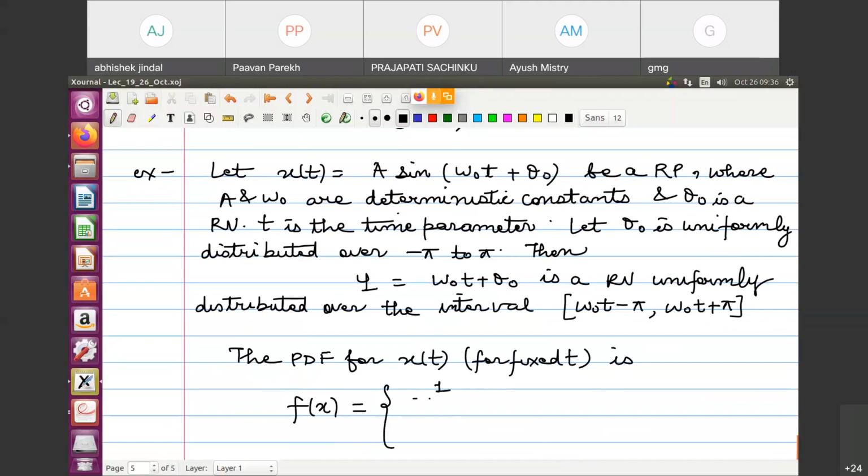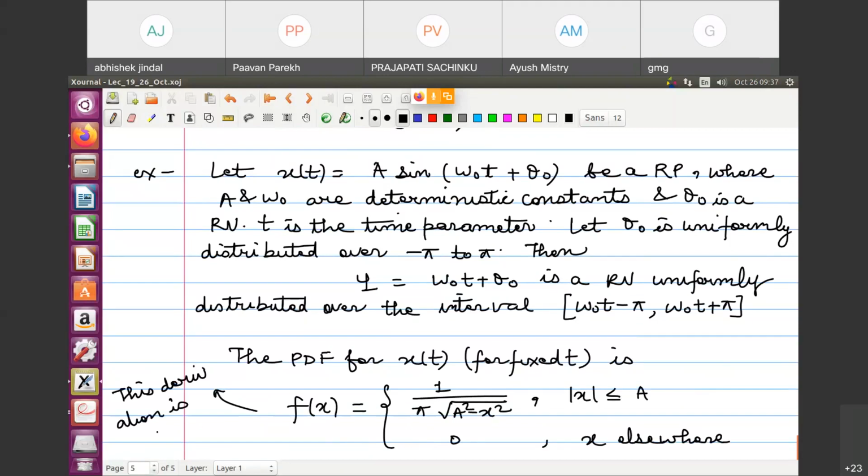So this is 1 upon pi times root of a square minus x square, for x between minus a and a, and 0 elsewhere. This derivation is a homework.